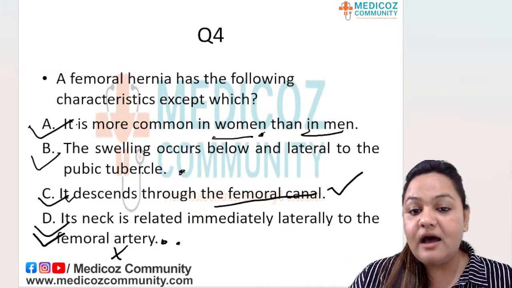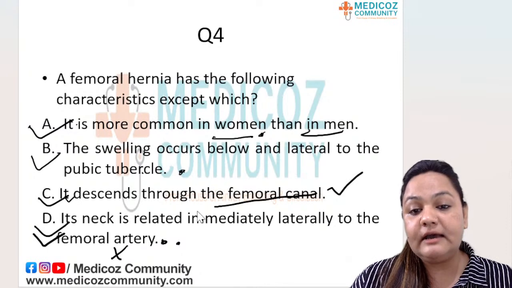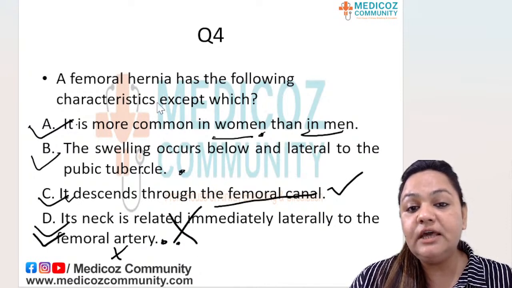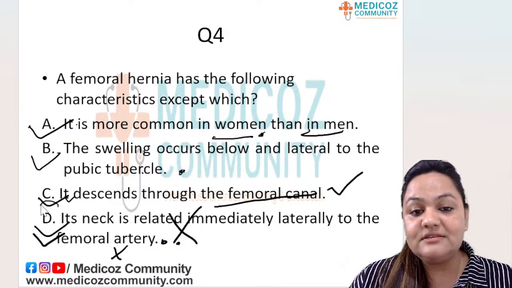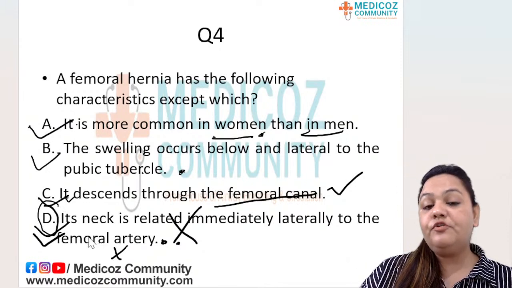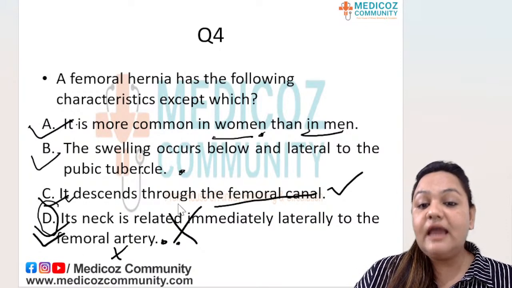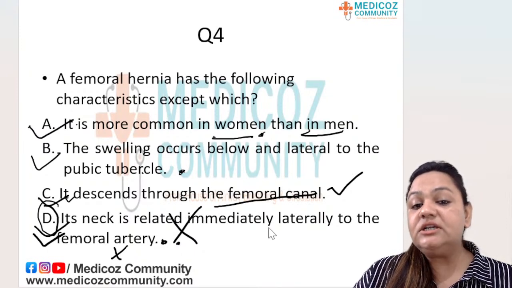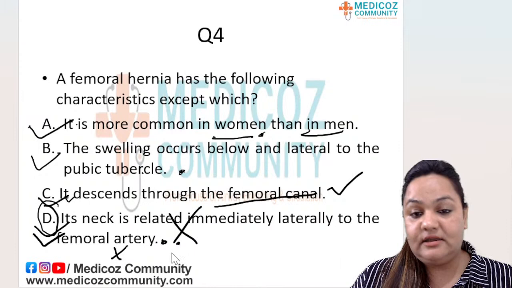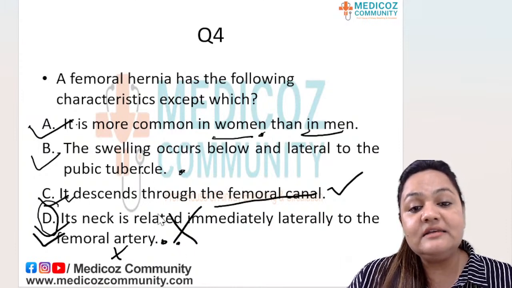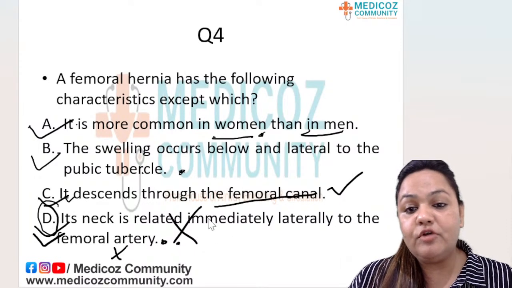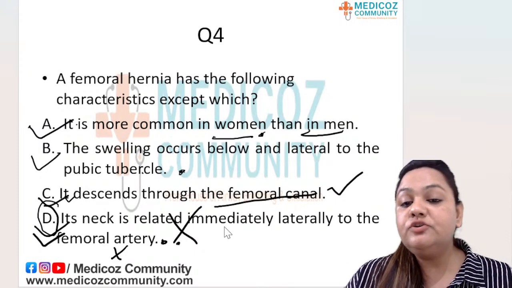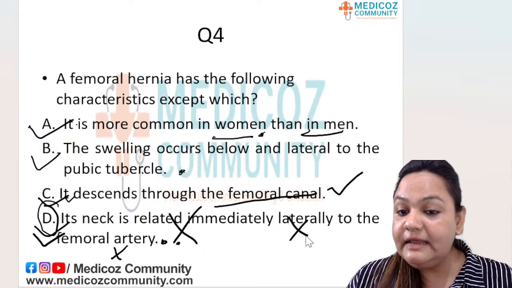So this is the point which is not correct, and this is the answer for this question number 4, that is option D. The neck of the femoral hernia is not lying lateral to the femoral artery. It is lying medial to the femoral artery and femoral vein. So it has a medial relation, not the lateral one.